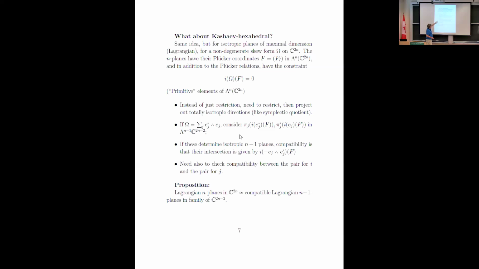You have to first get the restriction for each pair, and then you have to check that the pairs are compatible, and it's the same story. If you can get down to one dimension less and everything works there, then you've got something that's determining a plane upstairs. So again, it makes the longer Plücker relations disappear. And here I've just written in terms of going from n to n minus 1, but in the end you go down to dimension 6.